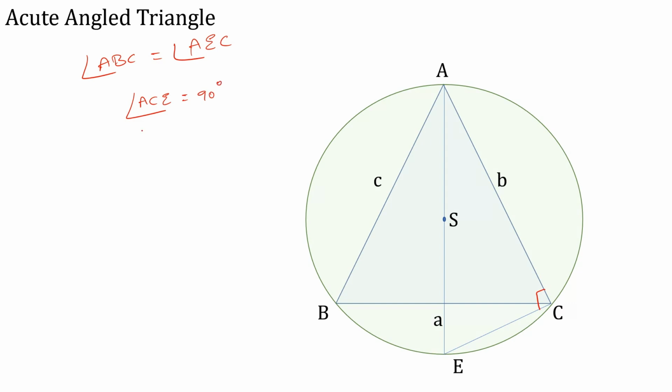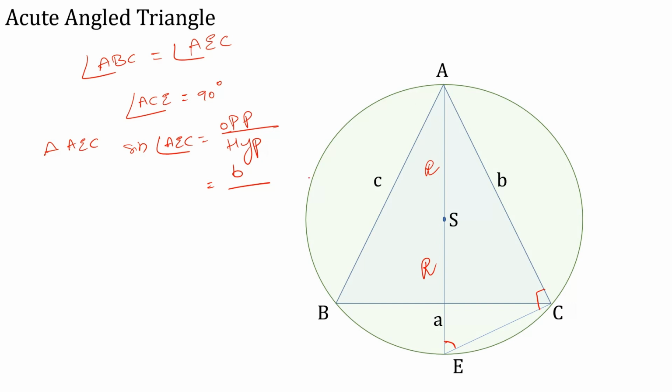So, considering the triangle AEC, if we take sine of angle AEC, it is opposite upon hypotenuse. The side opposite to angle AEC here is b, upon the hypotenuse AE. Again, from A to S it would be R, and S to E also it would be R, because it's the circumradius.